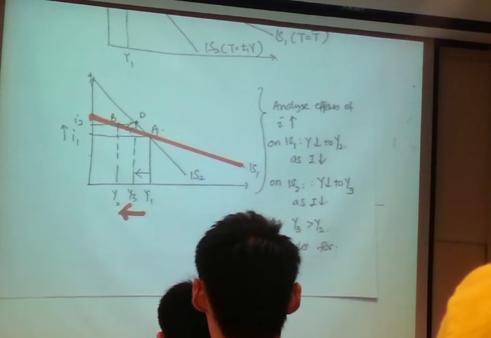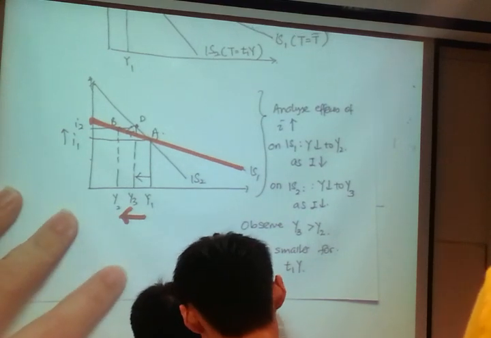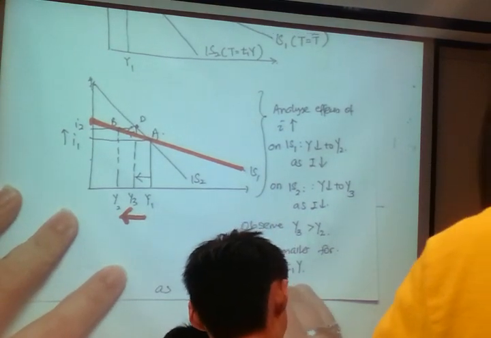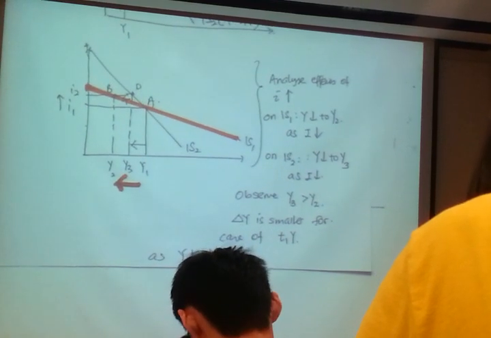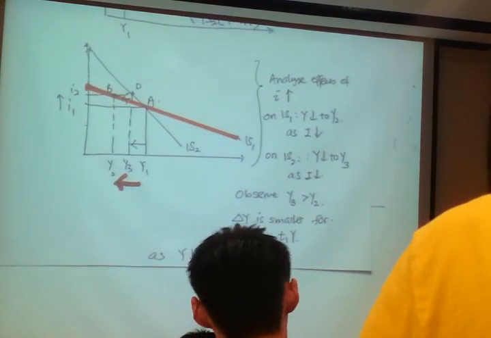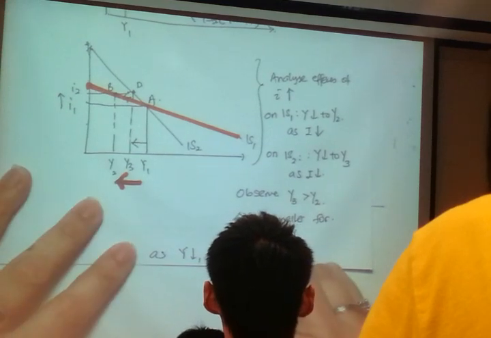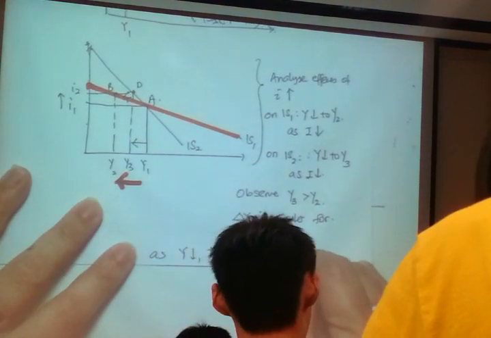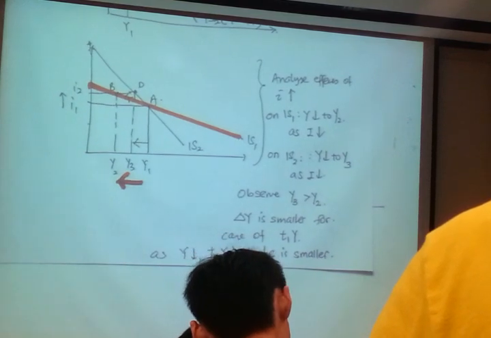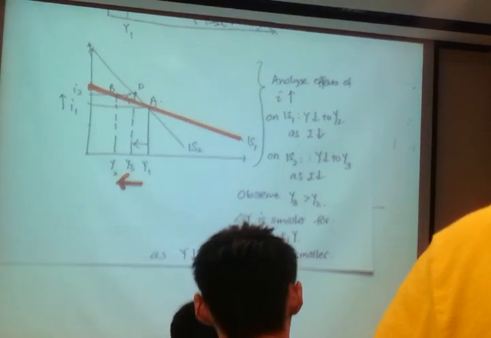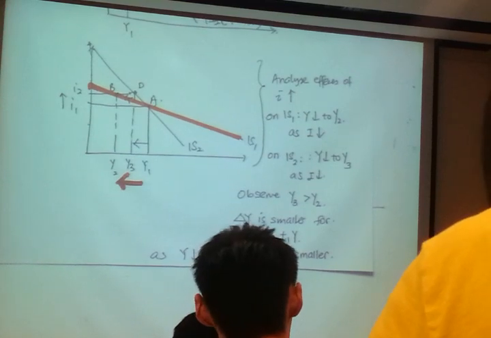So a good exam answer is to highlight that because as income drops, tax drops. Right? Households actually pay lesser proportional tax and therefore the drop in C is smaller. And that is the economic intuition. Okay? And this is not easy.